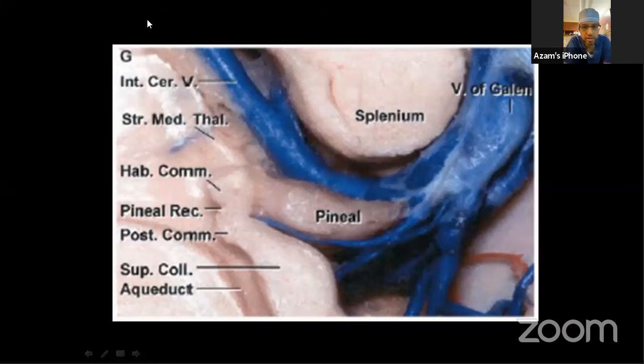So when we talk about the velum interpositum and the tela choroidea, taenia fornicis, taenia thalami, these are sort of more microsurgical nuances. The velum interpositum is the area that contains the tela, the veins, the arteries that course in this region.